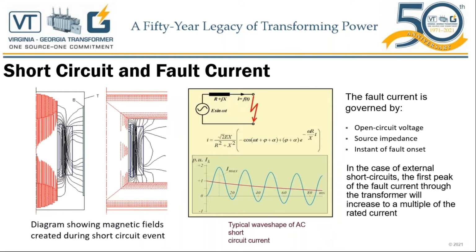What is a short circuit? What is fault current? As an example of a short circuit: on a nice day, a transformer is running in the field, humming and doing its business. All of a sudden, we have some storms coming, and this transformer or its power lines are running in a forestry area.